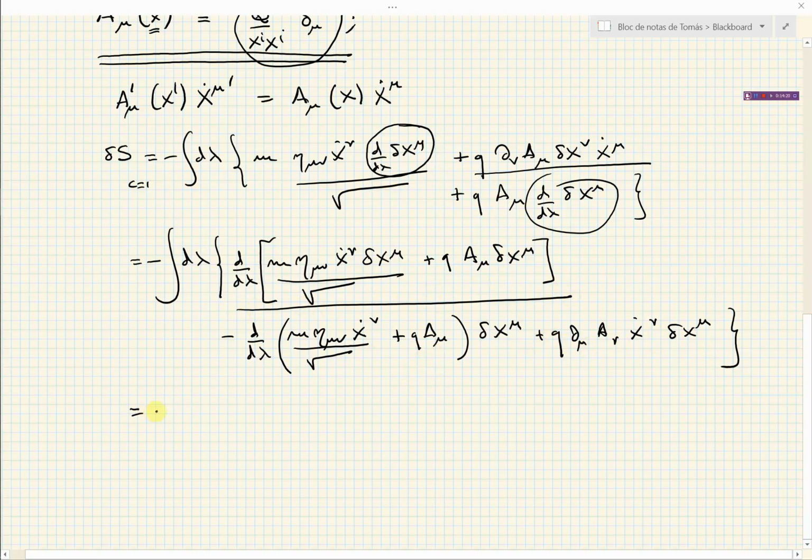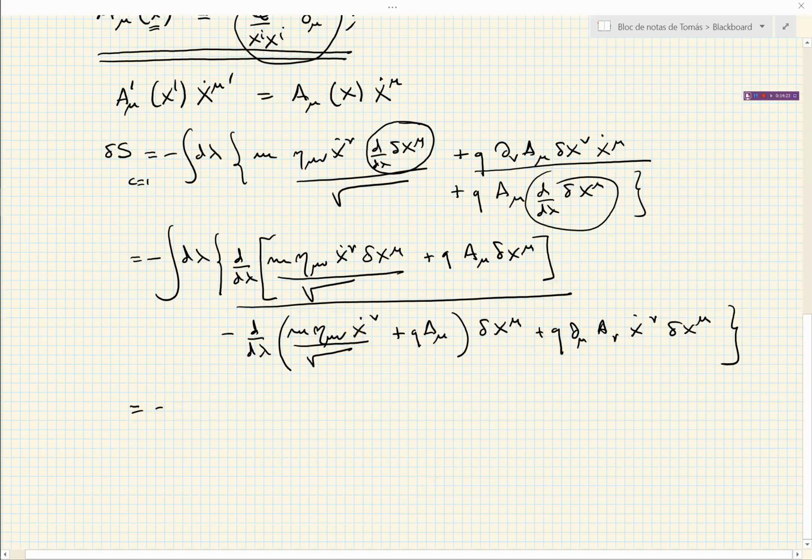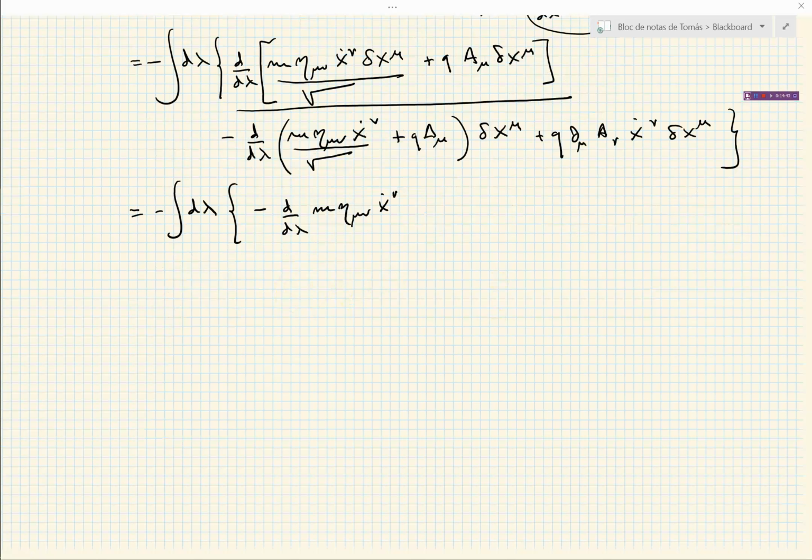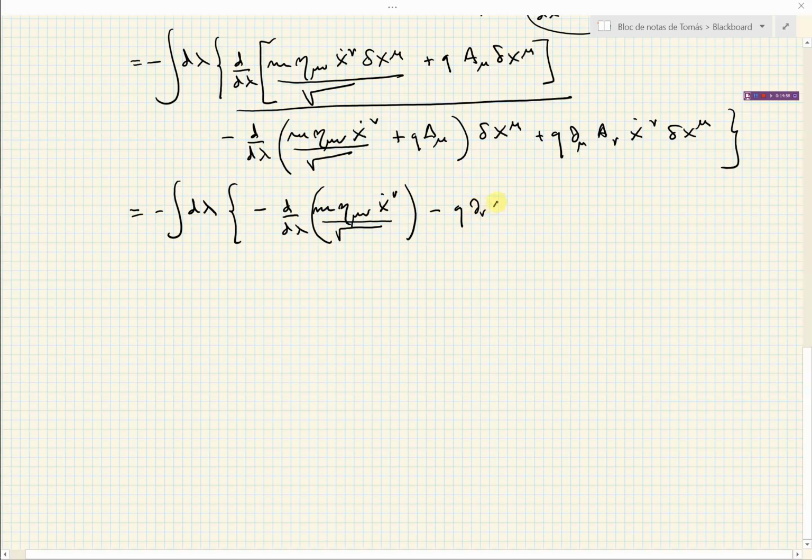So we have minus the integral over d lambda of minus, and I have the derivative of m eta mu nu x dot nu divided by this square root, minus q, and then the derivative with respect to lambda of a mu using the chain rule will be partial nu a mu x dot nu.